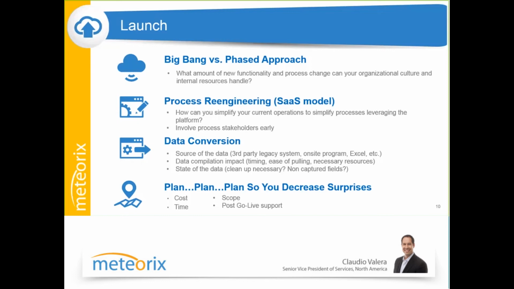Process reengineering is something that typically happens and should ideally be one of the things that you're going to want to achieve with this type of movement to the cloud. Simplifying operations, standardizing operations, involving process stakeholders, but really taking advantage of the solution itself to provide you those types of guardrails and direction around how you can leverage the solution, but do so in a very prescriptive manner.